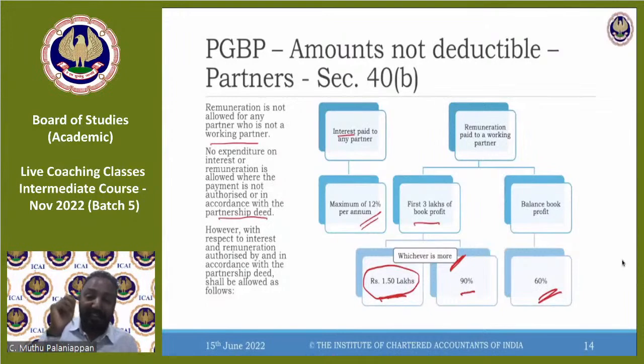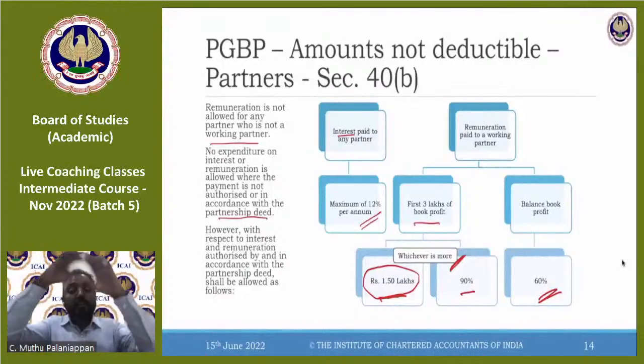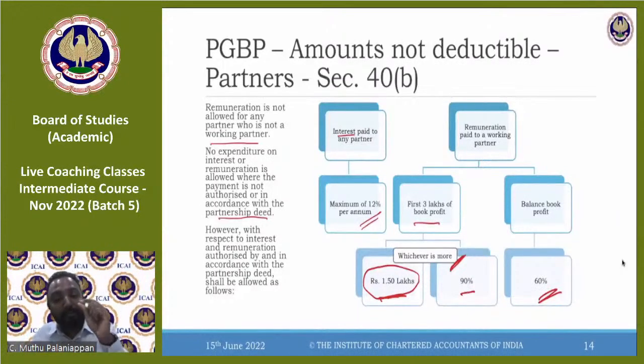And this is together for all the partners, not per partner. For all the partners, the maximum will be 1.5 lakhs or 90% of the first 3 lakhs. For the balance book profit, it is 60%. Please remember, it is all the partners put together, not one single partner.